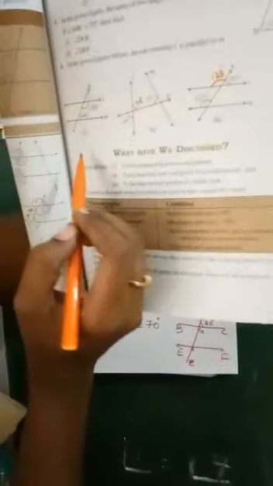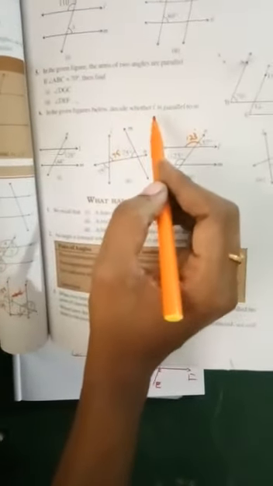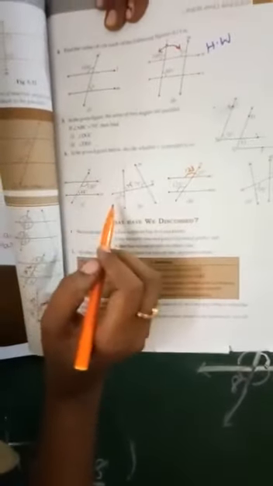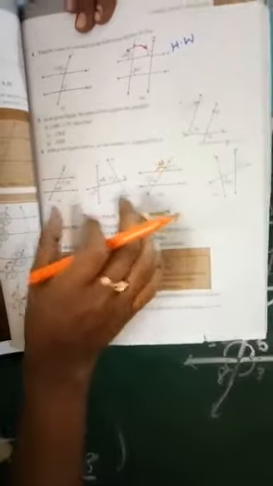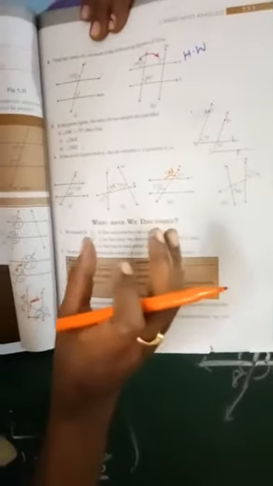The last question, children, observe in the textbook page number 111, question number 6. In the given figure below, decide whether L is parallel to M. Children, if you observe the figure, for the last question you have to apply the properties of parallel lines.